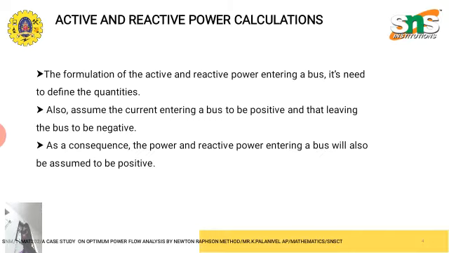For the formulation of the active and reactive power entering a bus, it is needed to define the quantities. Also assume the current entering a bus to be positive and that leaving the bus to be negative. As a consequence, the real and reactive power entering a bus will also be assumed to be positive.